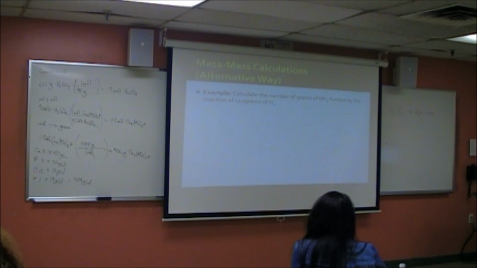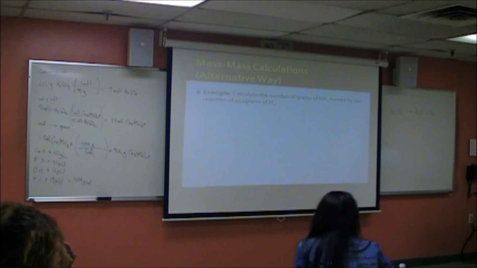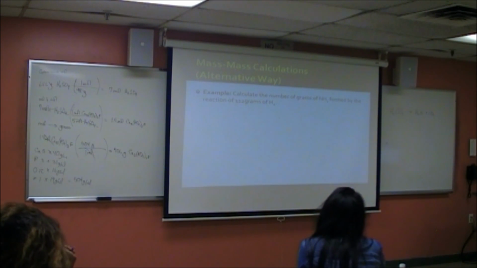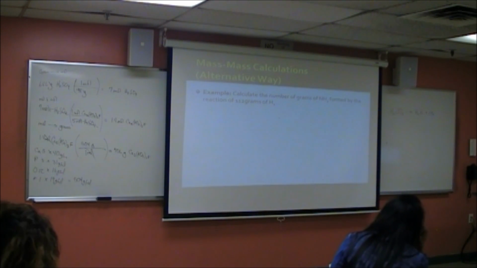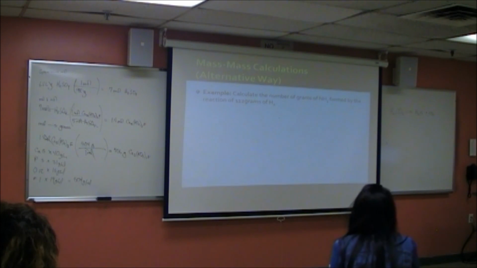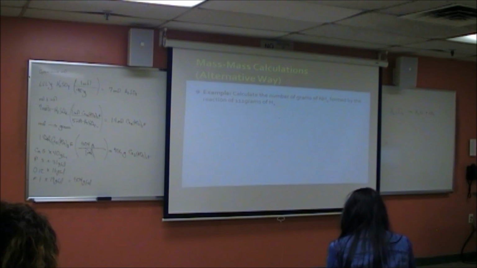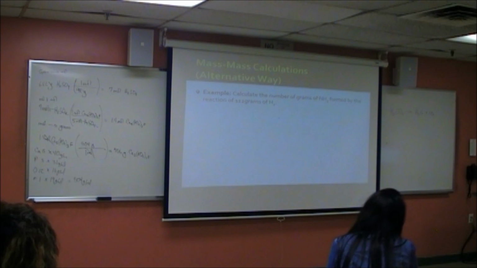Same question that we did before. Calculate the number of grams of ammonia formed by the reaction of 112 grams of hydrogen gas. Now we're going to do mass to mass instead of going through the 3 steps.